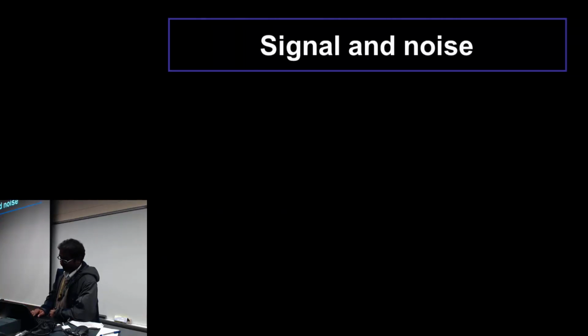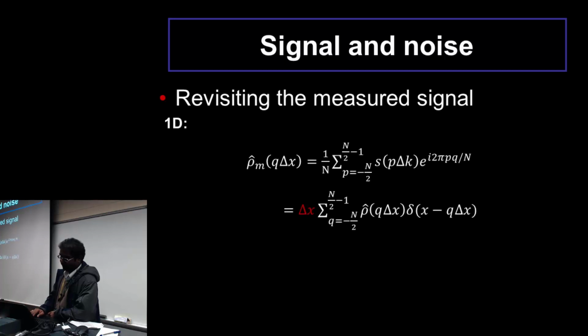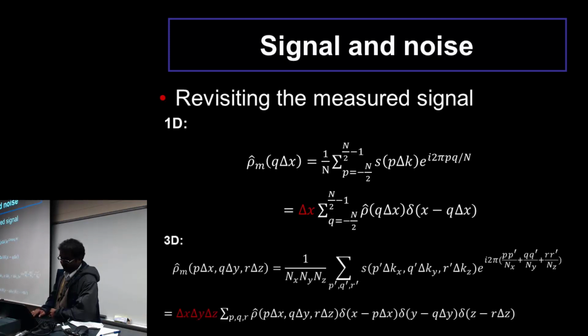You can realize that voxel volume dependency also from your signal equations, where you will see that in your inverse Fourier transformation you have the delta x parameter explicitly. This is a 1D example.